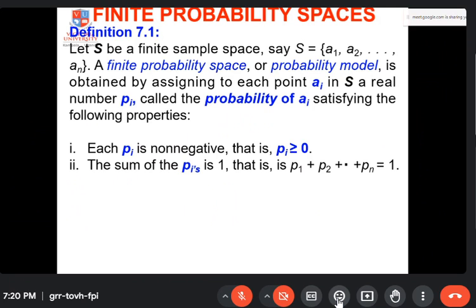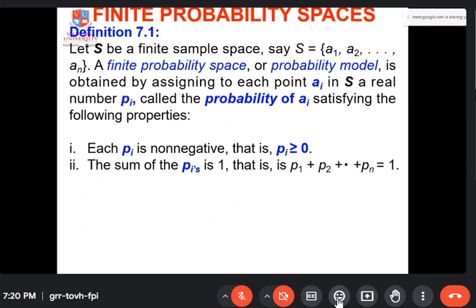And that number has got 2 properties. First of all, it should be non-negative. That means the probability of that particular number should be greater than or equal to 0. It shouldn't be negative.